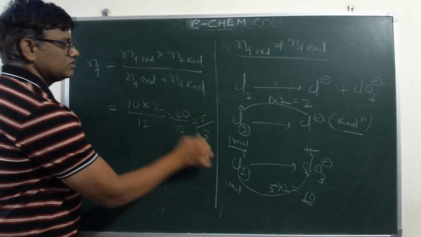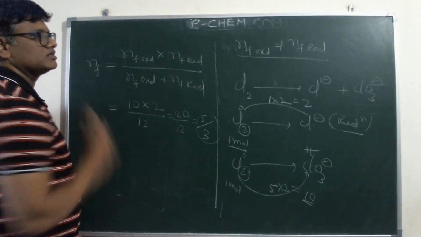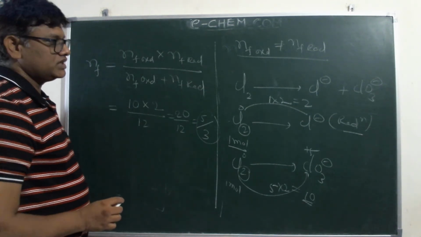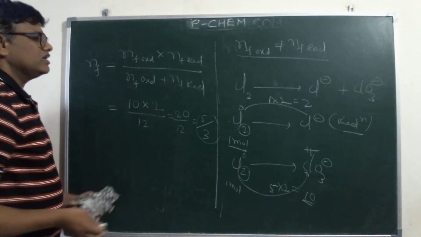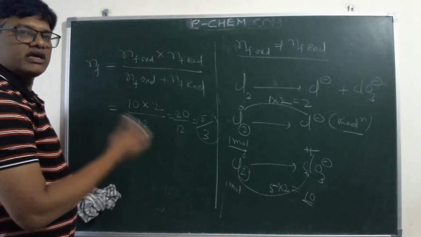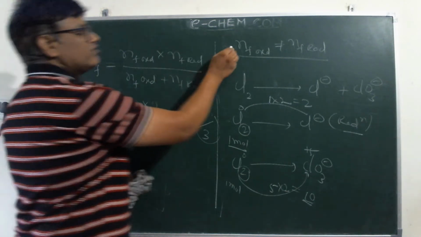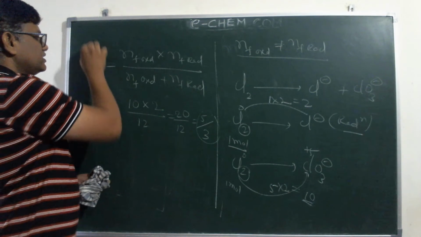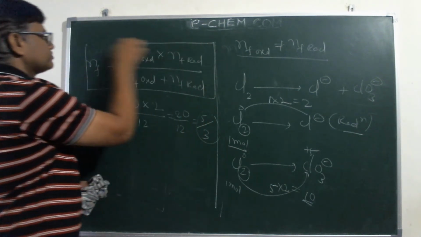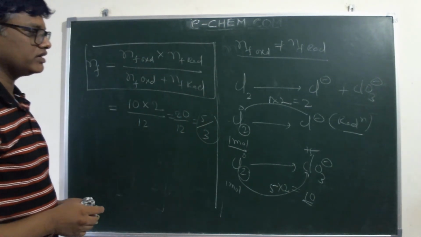This is the n factor for the given disproportionation reaction. Any disproportionation reaction in which the n factor of oxidation is not equal to that of reduction can be calculated using this formula. You have to remember this formula.